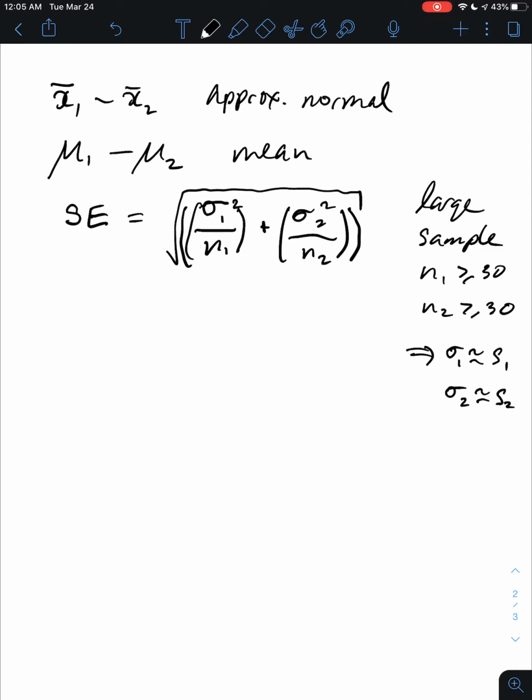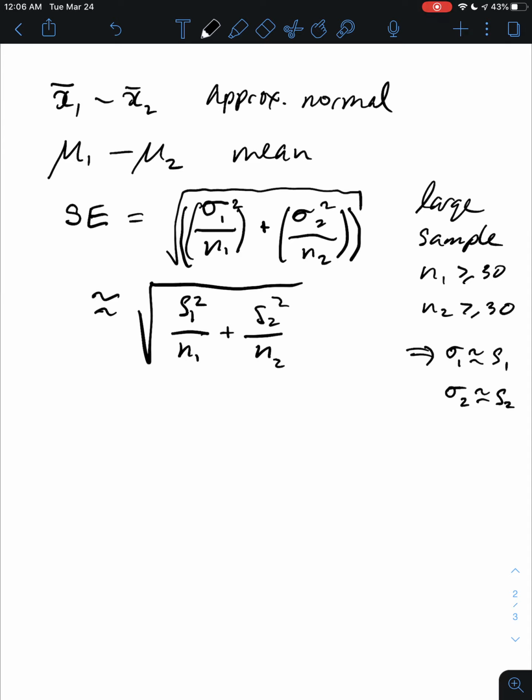So we can approximate SE by this expression. In other words, we take the correct value for SE and we replace the sigmas with S's. And as usual, that's because sigma is inaccessible to us.